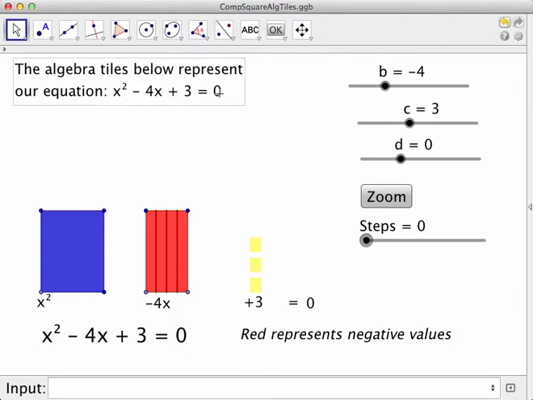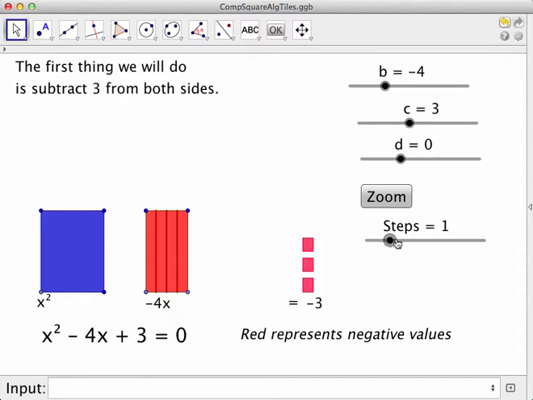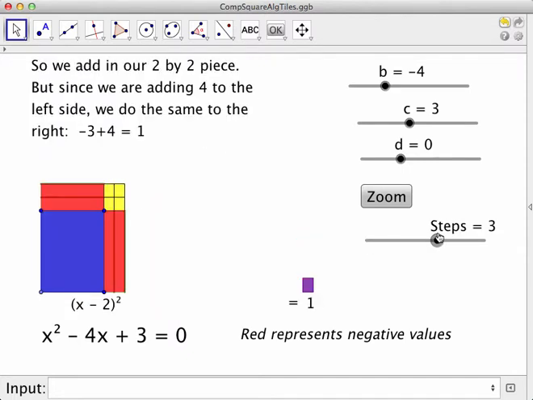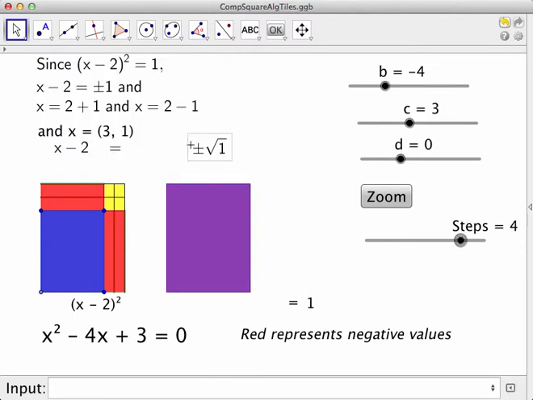So that means that our solution should have plus or minus 1 in it. So let's go through and take a look and see whether that in fact happens. So here we get our solution, and we see that we end up with a solution of 2 plus 1 and 2 minus 1, which gives the two solutions of 3 and 1.